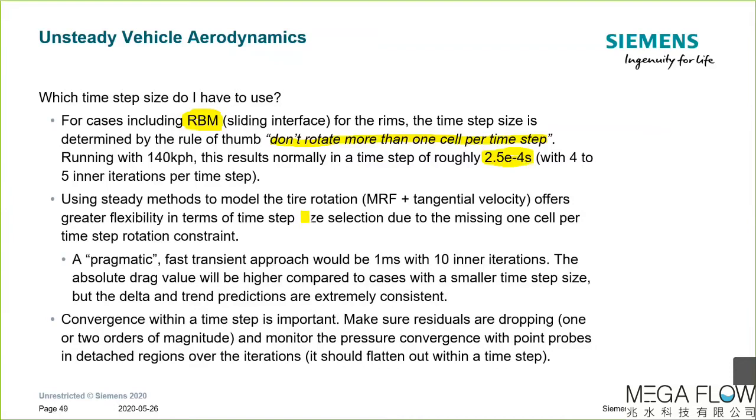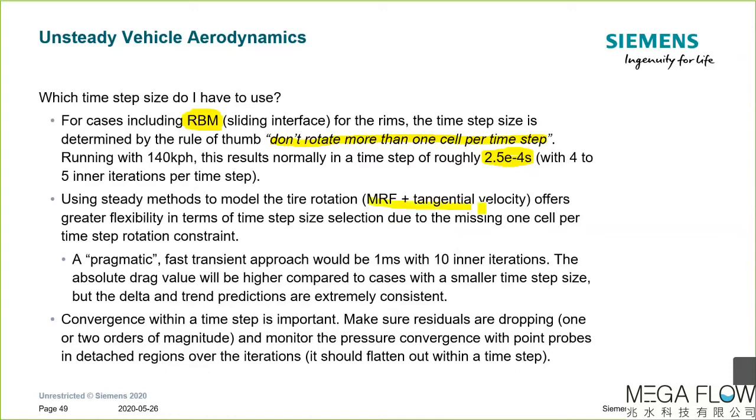The beauty of Simcenter Star-CCM+ is that you can also combine different methods. For example, for the main flow, you can use an unsteady method, so DES, in order to resolve the unsteady wake of the vehicle, but you can also combine it with steady methods in order to model the tire rotation.